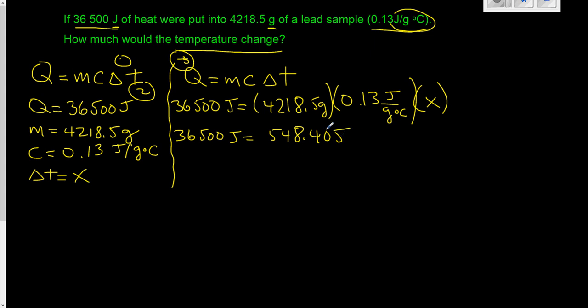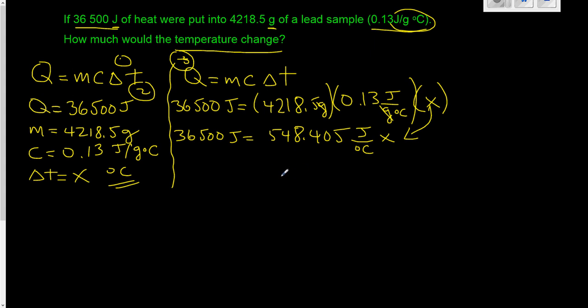We end up with 548.405. Units are important because when we solve for x, we want something left that's expressed in degrees Celsius. So this all has to fit and make sense. Our grams cancel, and we're left with joules over degrees Celsius. We can solve for x now.